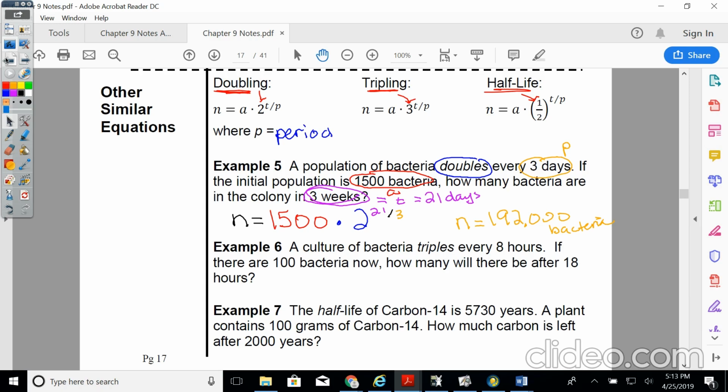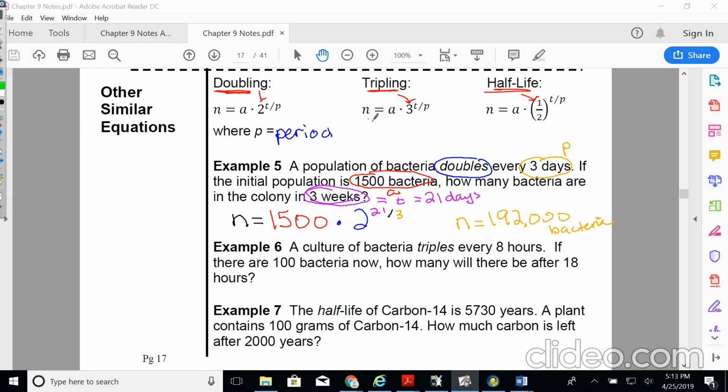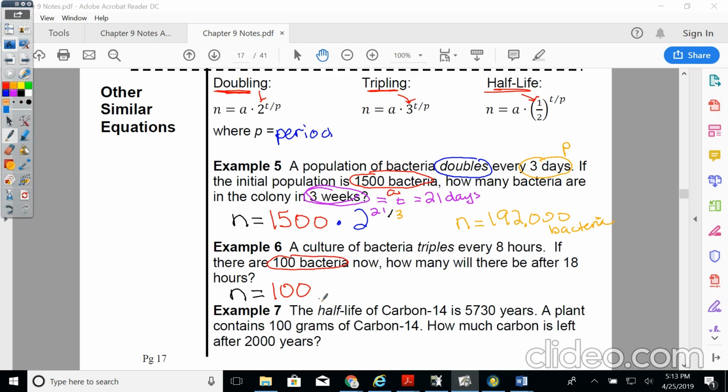All right, for example 6, a culture of bacteria triples every 8 hours. If there are 100 bacteria now, how many will there be in 18 hours? All right, so let's look at what we need. So first of all, we're doing the tripling one, so we're using the second equation. N equals the initial amount, which is 100 bacteria. So 100 times, triples has a base of 3.